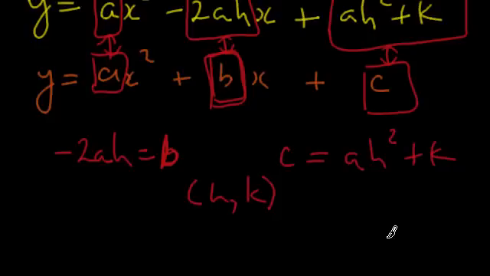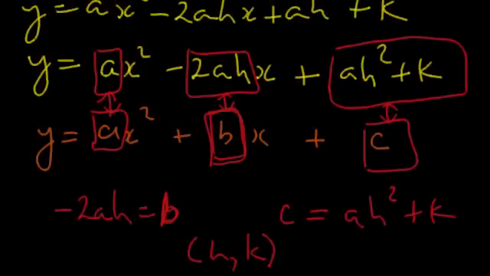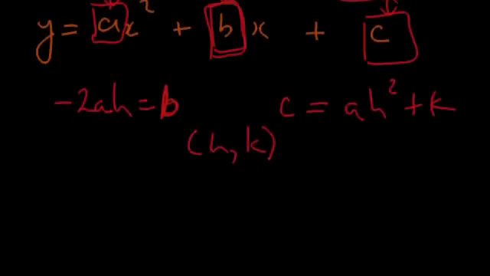And we want to find a formula for h and k in terms of a, b, and c, because if we're given the equation of our parabola in standard form, we know what our a, b, and c are going to be. And so if we can find a formula for h and k in terms of a, b, and c, then we should very quickly be able to find the vertex of our parabola just by using the values of a, b, and c.